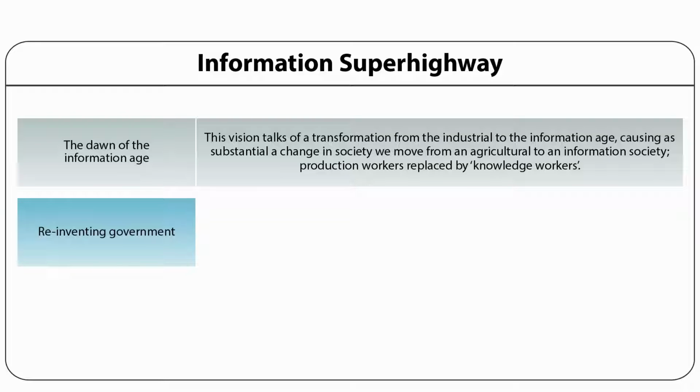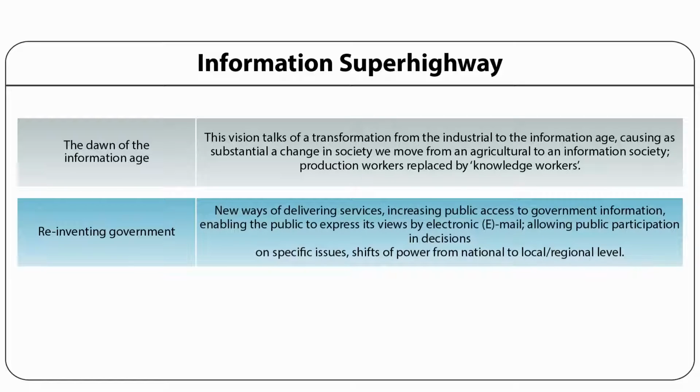Reinventing the government, new ways of delivering services, increasing public access to government information, enabling the public to express its views by electronic means or email, allowing public participation in the decision-making process on specific issues, shifts of power from national to local and regional levels.